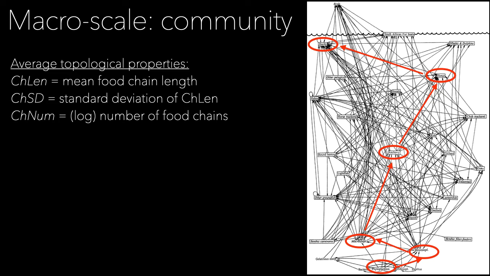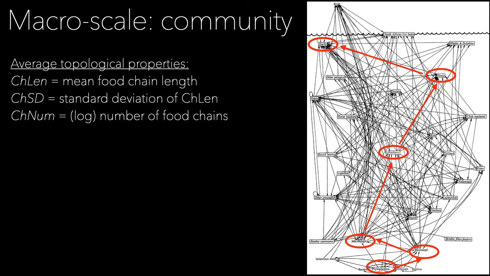This is going to be more meaningful in highly complex food webs because the heterogeneity in species connection, and so the food chain length, is going to be quite high, so it's important to include a measure of variance.